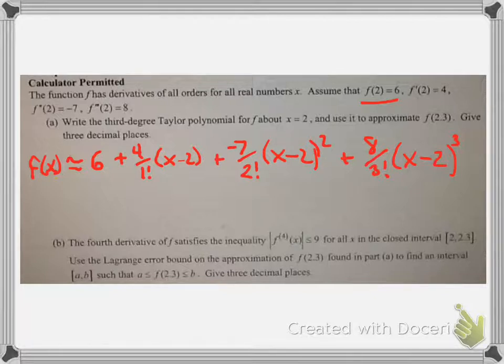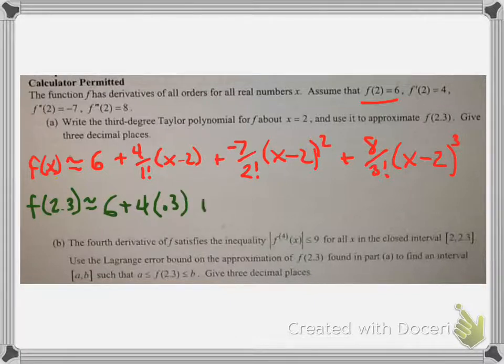The only other part of the question that we have to address now would be the approximation part. In other words, we have to use this to approximate f of 2.3. So to approximate f of 2.3, we just need to substitute in place of x the value 2.3. So this is going to be approximately 6 plus 4 times, and I'm just going to do the subtraction here in the interest of space, 2.3 minus 2 is just 0.3.